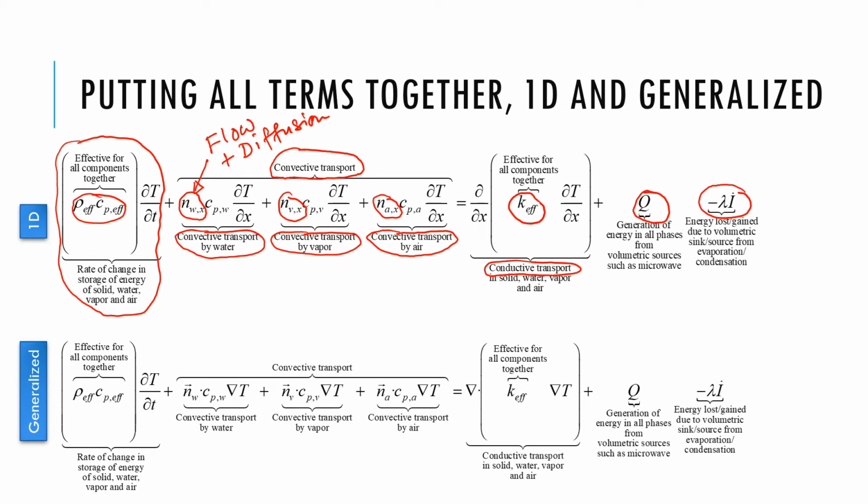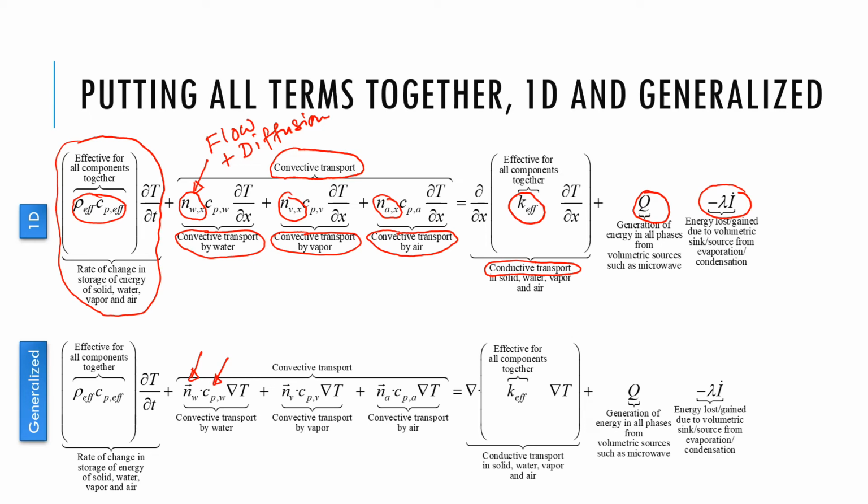The equation below that just popped in is the generalized form. Whereas the top one is for 1D, this one is a more general version, but you see it's the same stuff. We have the flux in the general form and times the specific heat and so on.